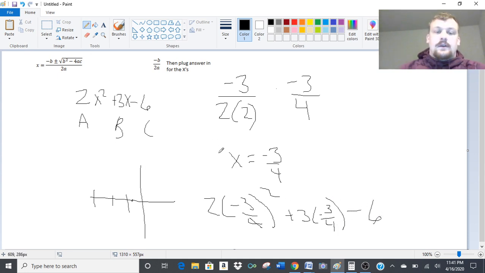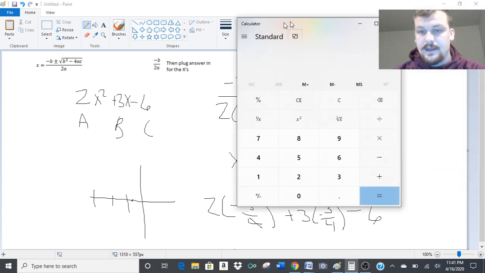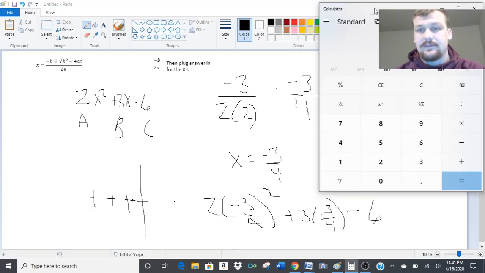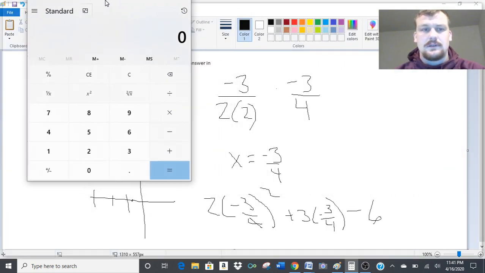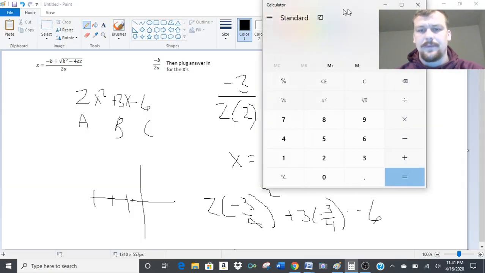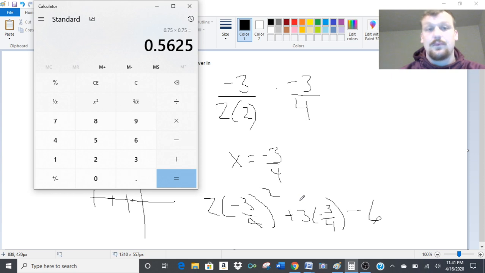In order to get rid of the fraction, I'm going to do it as negative 0.75 because I don't think I can put a fraction in here. So we'll do 0.75 times 0.75, which, a negative times a negative, is 0.56.